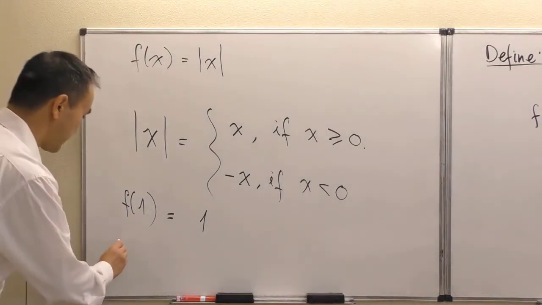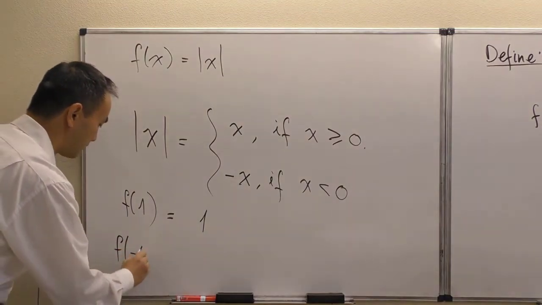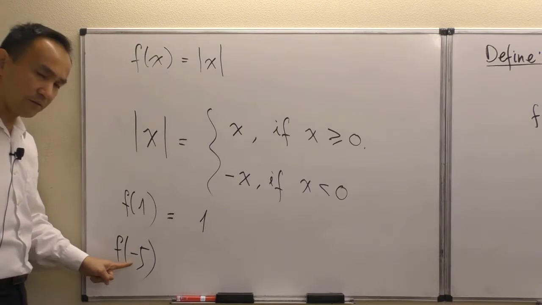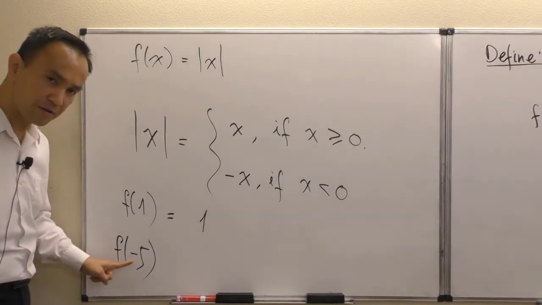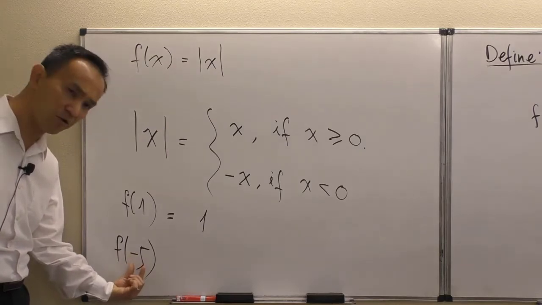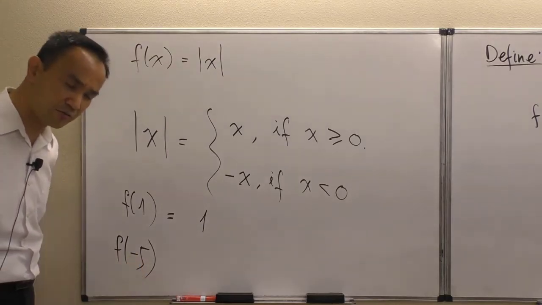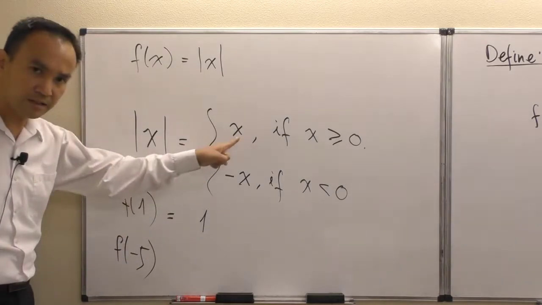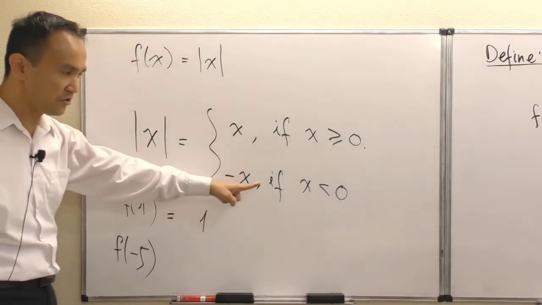But now with the same function, if I choose independently negative 5. The input this time, I'm saying it out loud, is a negative value. And so for a negative value in this rule over here, the indication is clear.